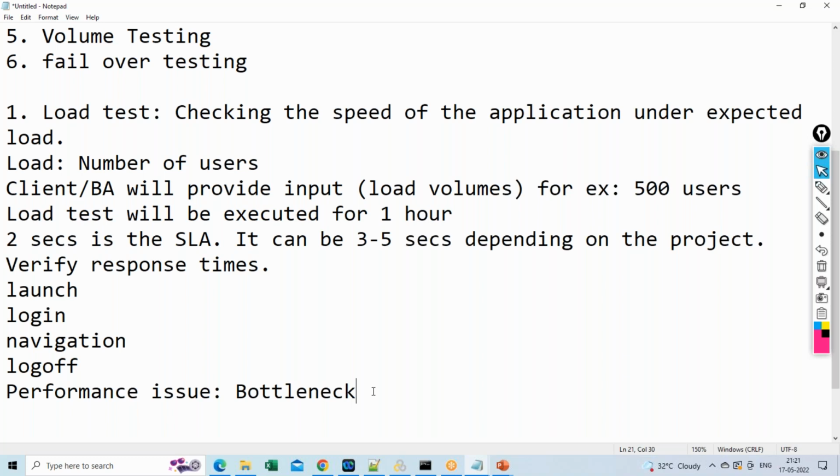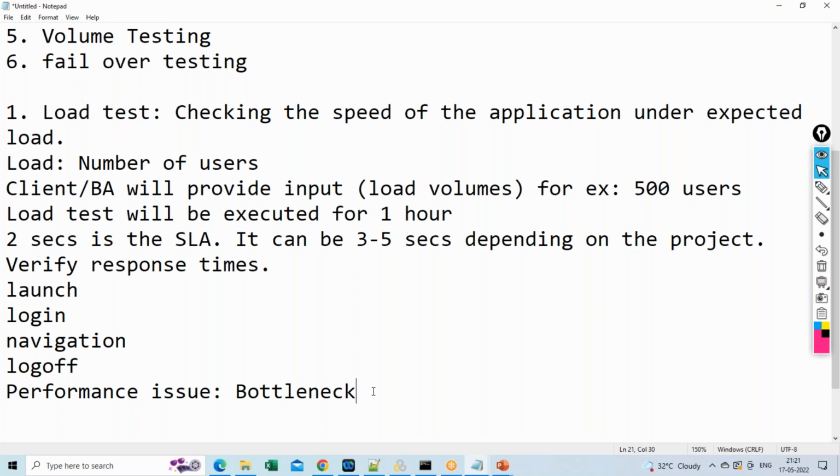For example, after running a 1 hour load test, if the overall number of transactions you have achieved is, let's say, 10,000, the number of errors should be less than 2 to 3%. That is one criterion. The other criterion is based on the response times.